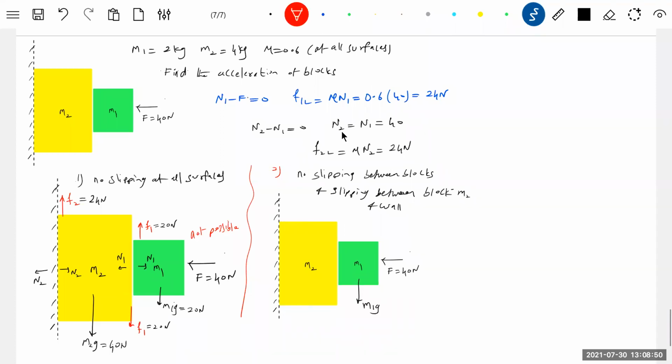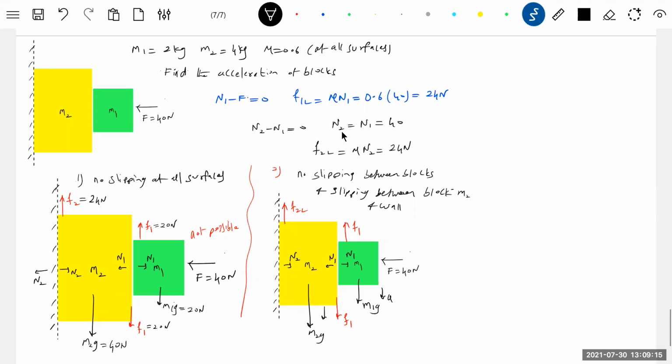M1g, the frictional force acting is F1. This is F1. M2g, and here normal contact N1. And what is the state? Will they be at rest? No, they'll be accelerating.